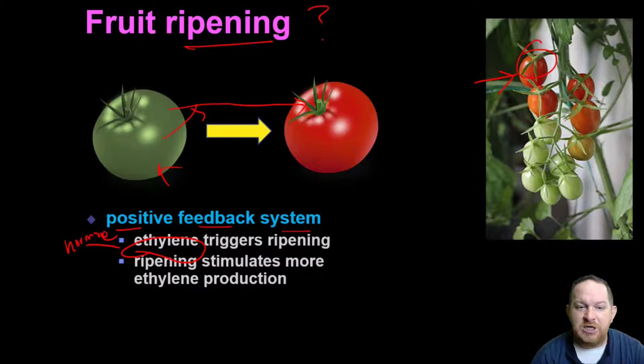So what's really going on? And this is a positive feedback loop, because once ethylene starts the ripening, that is positive. So a little ethylene produced, which produces more ethylene, which means more ripening, which means more ethylene. So this is positive. So this leads to more of this, which leads to more of this.